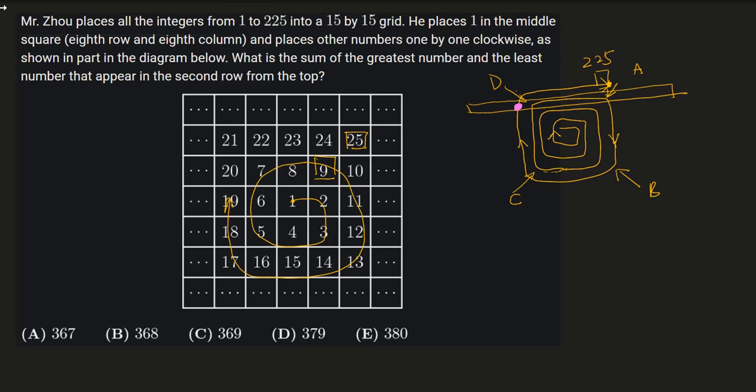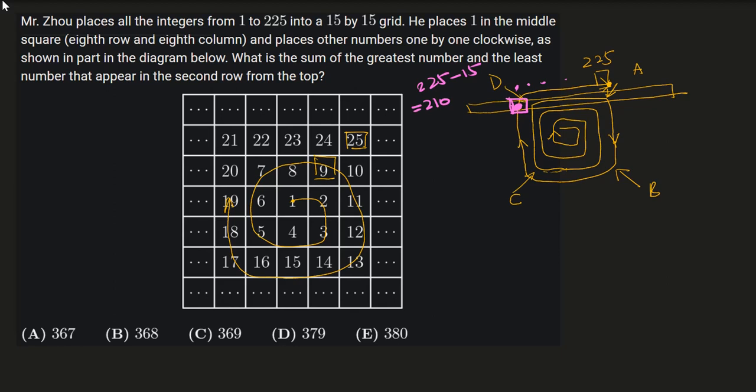We know that the dimension of the grid is 15 by 15. Therefore, on top of this pink square, we have 15 numbers larger, and it will go all the way to 225. Therefore, the number in this pink square has to be 225 minus 15, which equals 210.